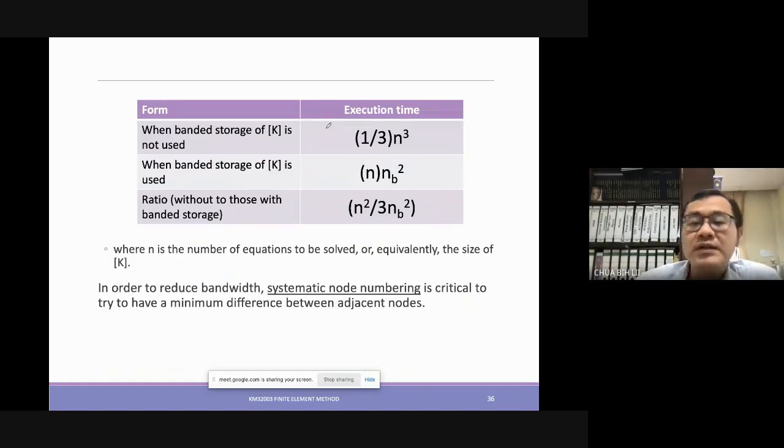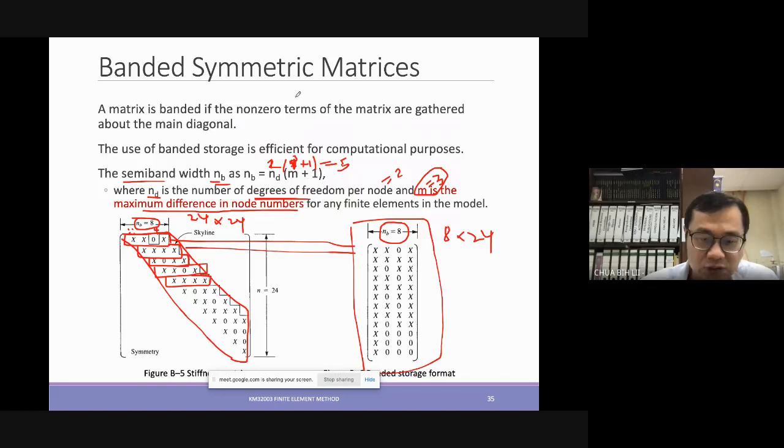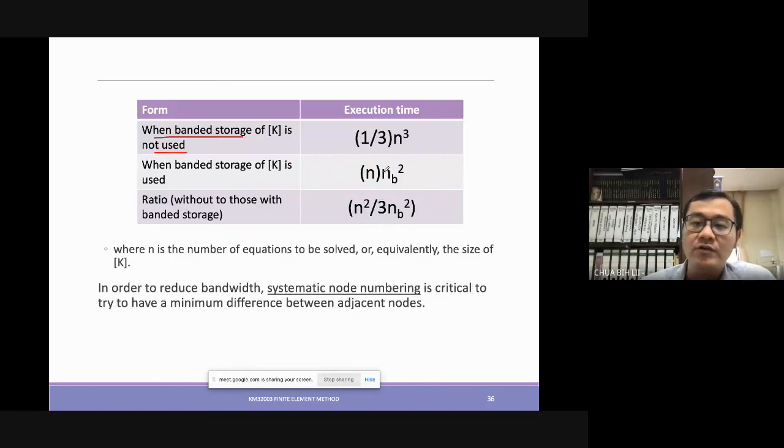So in general, we can estimate the execution time, okay? How much time is required to actually do the calculations, okay? So when the band is not used, meaning to say we use the full matrix, previously it is 24 times 24, right? So if we don't use any of this, then this would be in this form of execution time, okay?